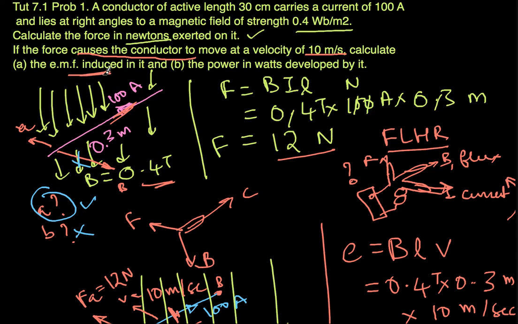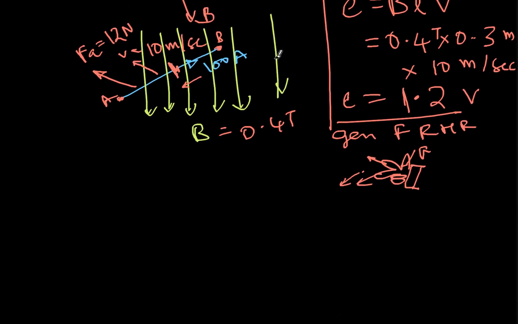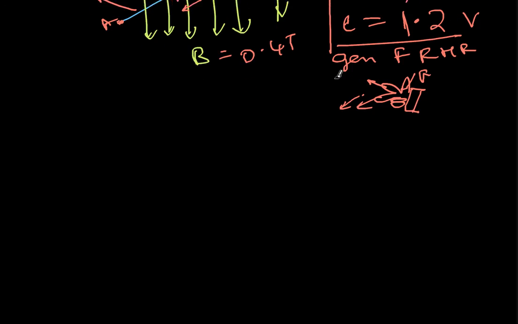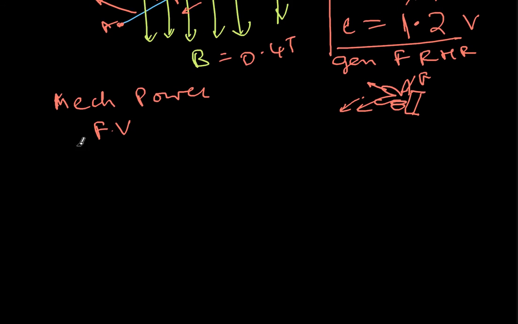So EMF induced we have solved already. So the power in watts developed by it. Okay. So what is the power developed? So you see, there are two things: mechanical power, which is nothing but force into velocity, and electrical power. Let me use a different color.